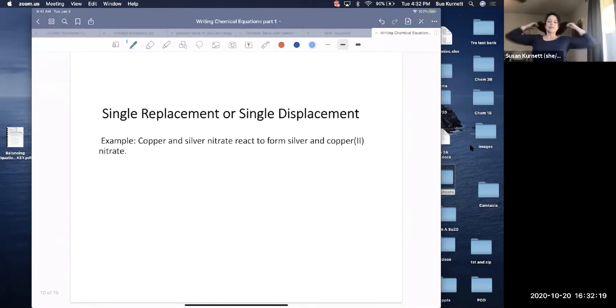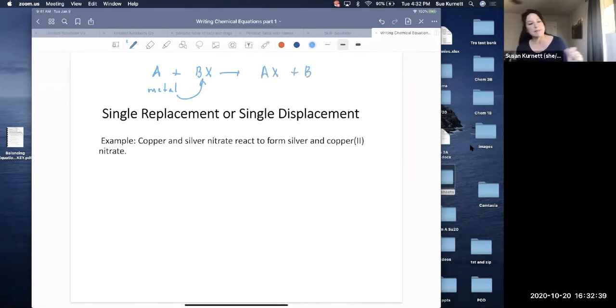Okay, single displacement is sometimes called single replacement. And this idea is I have an element and a compound, and if the element is a metal, it's going to take the place of the cation. And that's what's happening here.